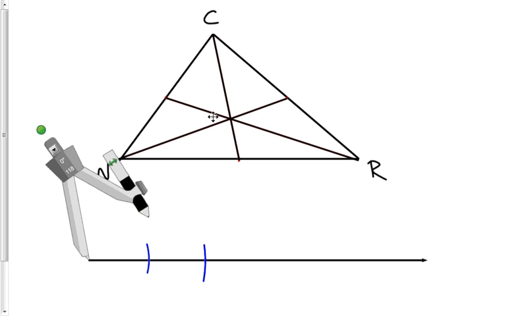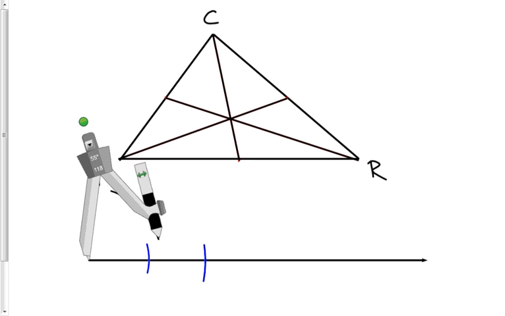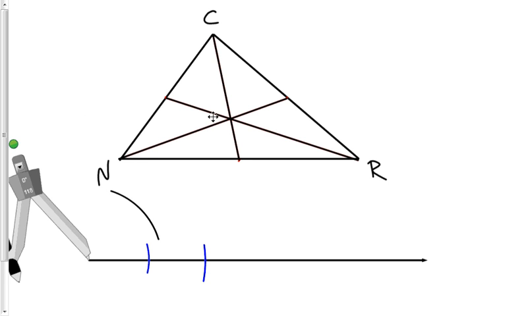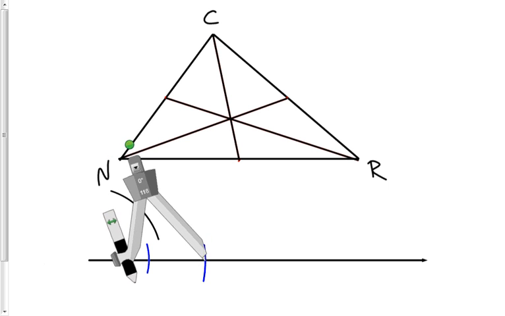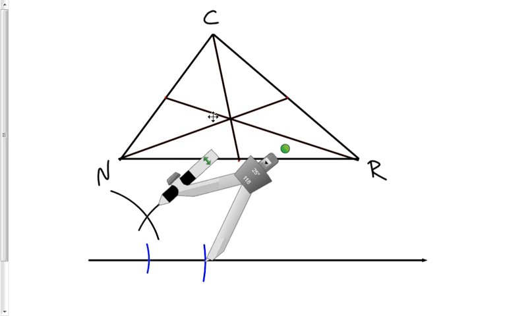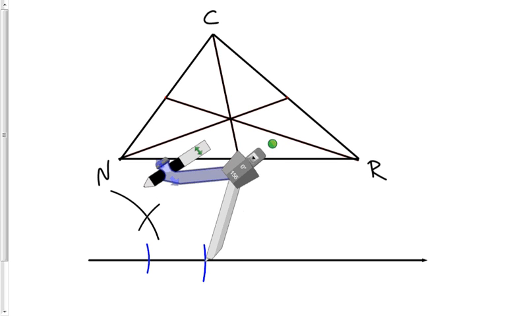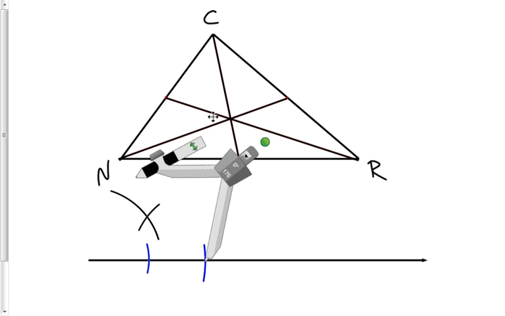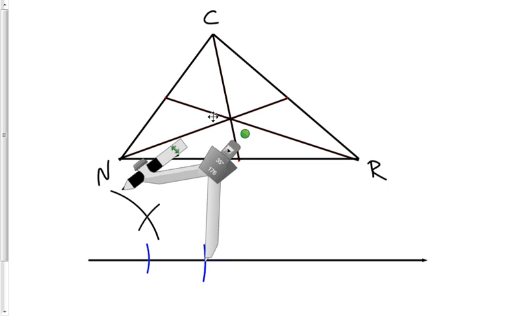So I'm going to come up here, strike an arc, flip that over, come over here, strike an arc, and now I can adjust this a little bit. I'm going to do both my arcs above the line.